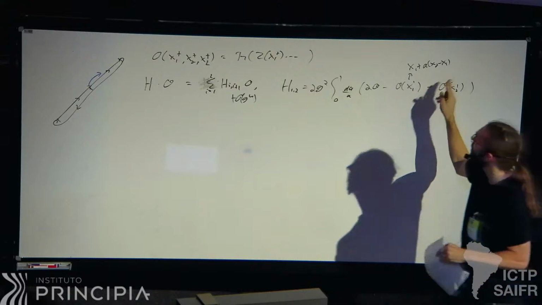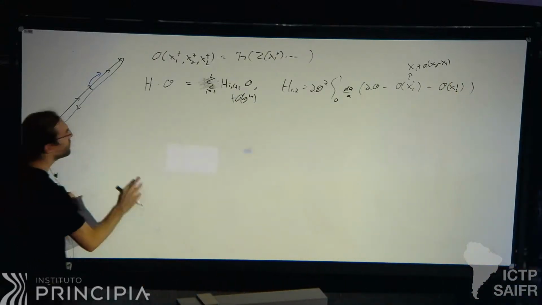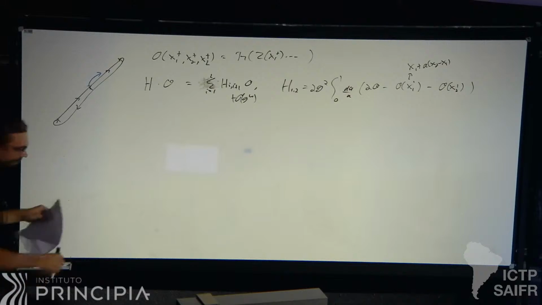Okay? So it's moving toward x2. So that's the form of this Hamiltonian.